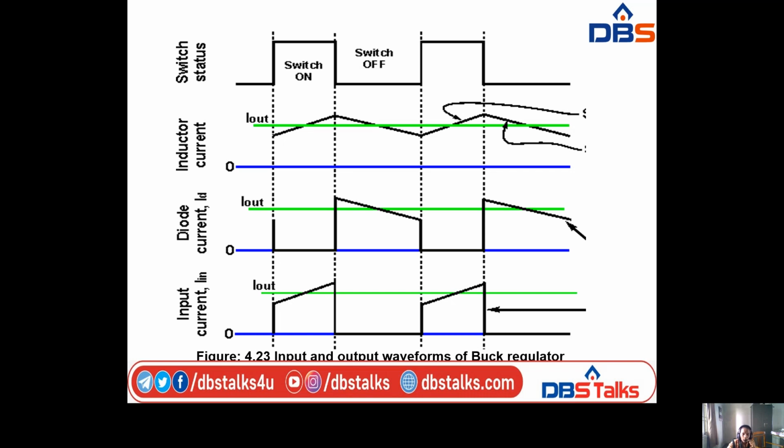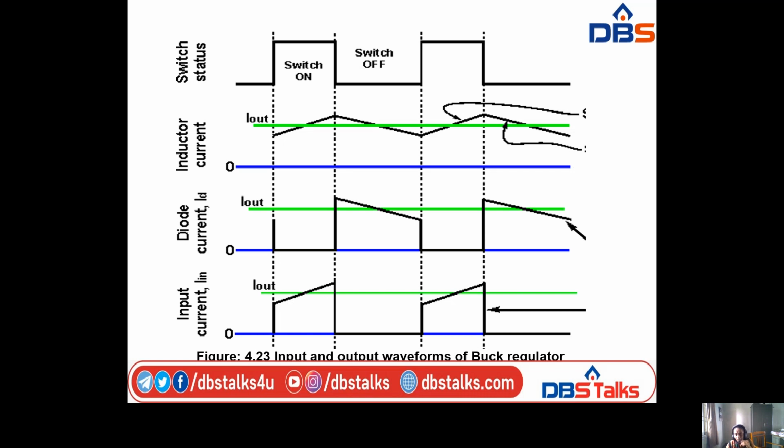When the diode is in the conduct state, that means in the switch off position, the diode will conduct. So the current flowing through the diode is obtained only in the switch off condition. And the input current I in will be obtained in the switch on state, when the input current flows through the inductor.